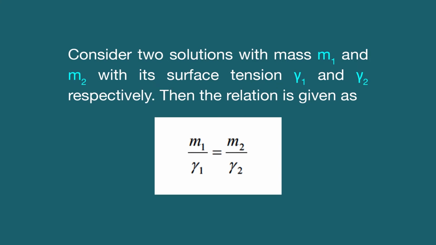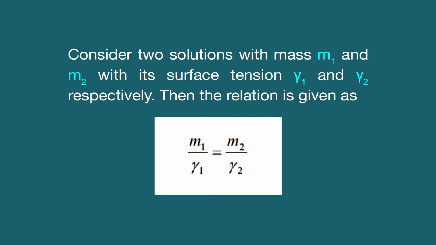On the other hand, the ratio of mass and surface tension is constant for all the liquids. Let's consider two solutions with mass m1 and m2 with surface tension gamma 1 and gamma 2 respectively.